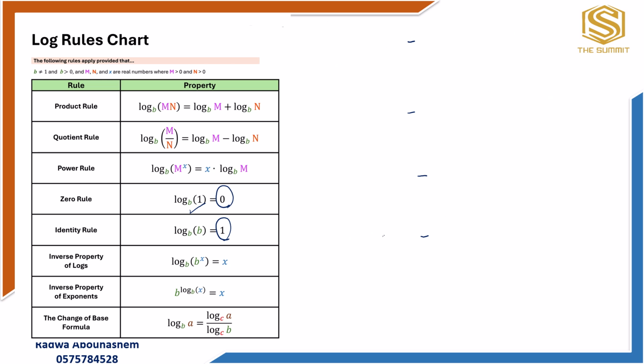Let me take an example for you here. If I have log x to the base of 3 is smaller than -2, and I'm asking you to solve this, this means that you have to convert it to the exponential form.